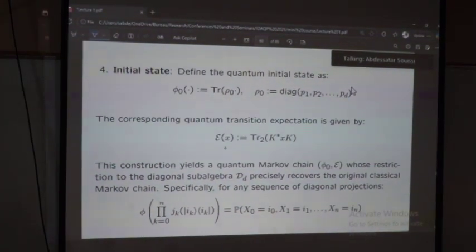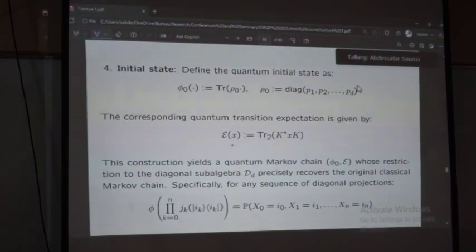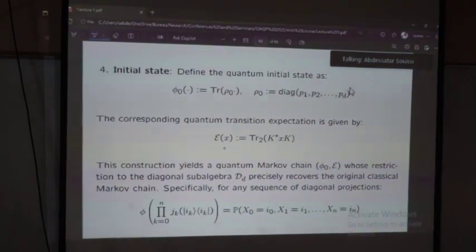The transition expectation is defined in a rigorous way using the trace technical method.